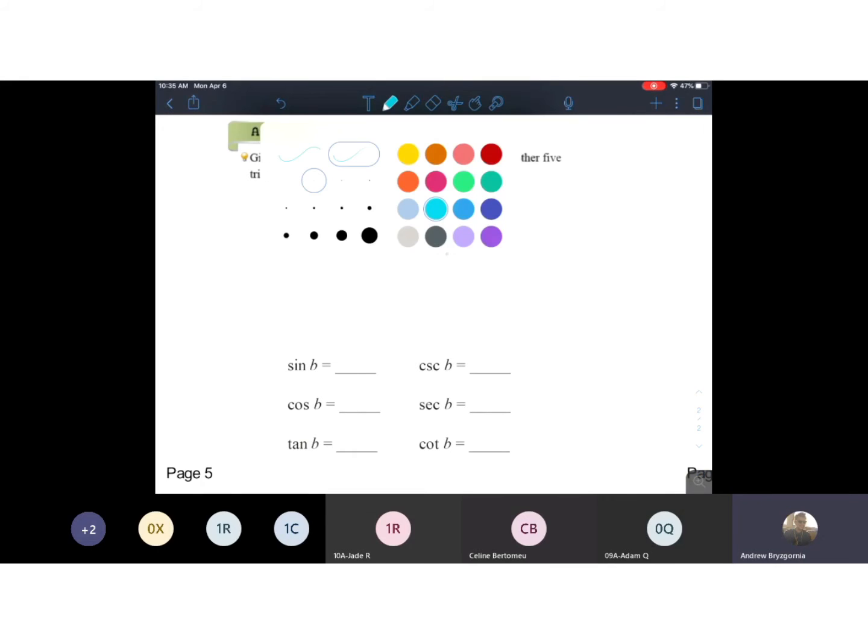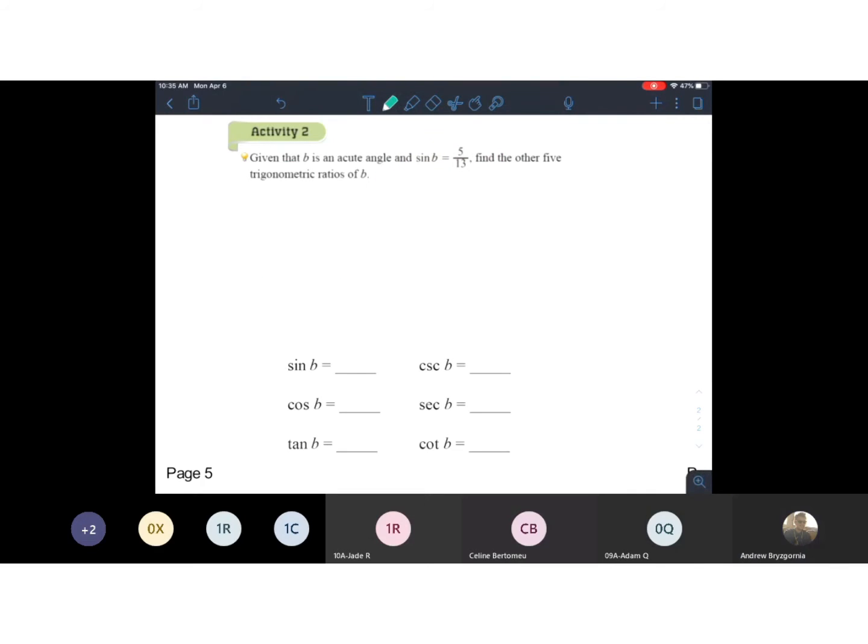All right, so we already knew what sine was, so I'm going to write that in. So can somebody give me one of the other 5? 13 over 5. For which one? CSC. Okay, do you remember what CSC is called?